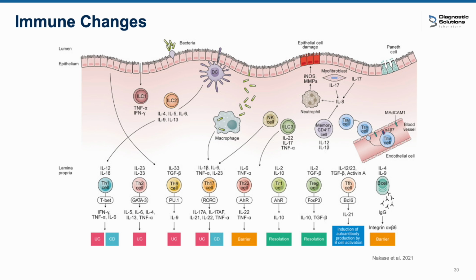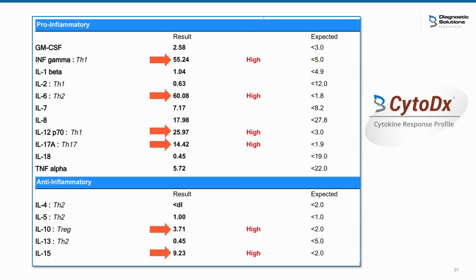So this next slide, I'm going to show you what the CytoDX looks like. So here's an example of a CytoDX result for somebody with Crohn's disease. Now you'll see here interferon gamma is high, interleukin 6, which is really classic for inflammation, is high, interleukin 12 and 17A are both high, as well as interleukin 10 and interleukin 15, classically anti-inflammatory cytokines.